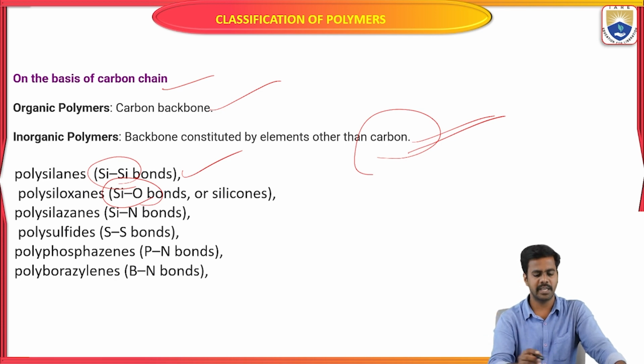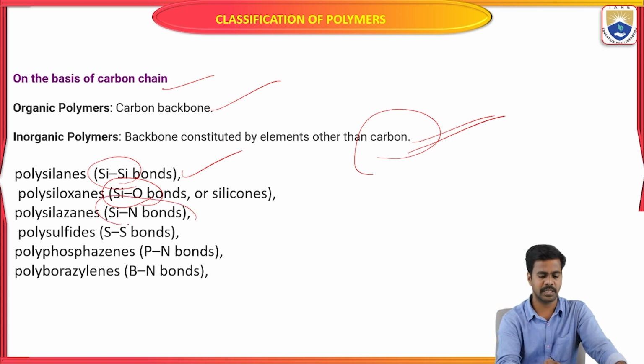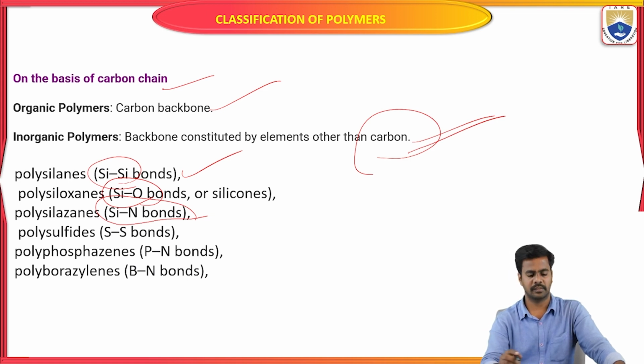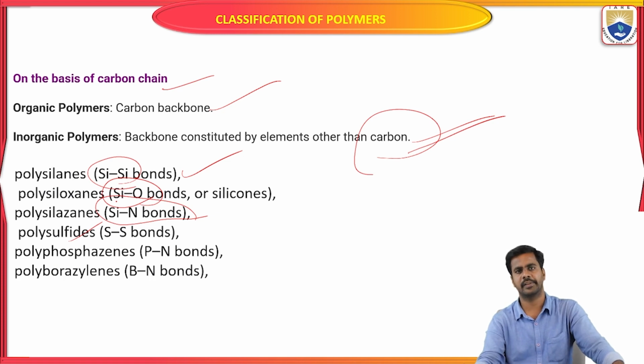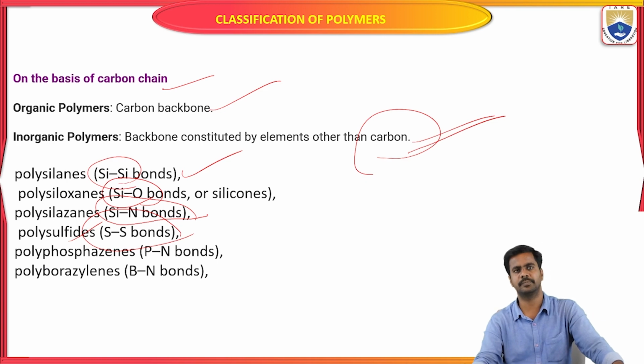Next, polysilazanes. In polysilazanes we can observe silicon to nitrogen bonds. And next one is polysulfide. In polysulfide we can observe sulfur to sulfur bonds.